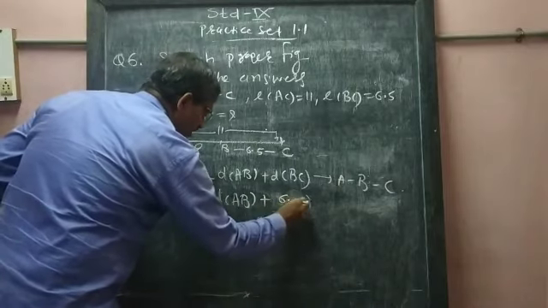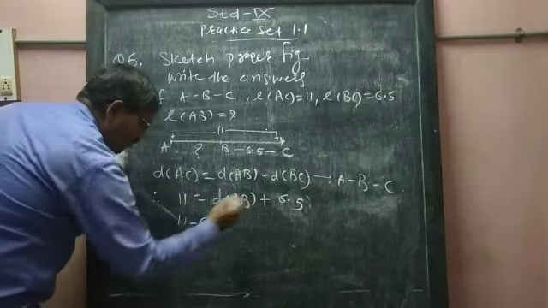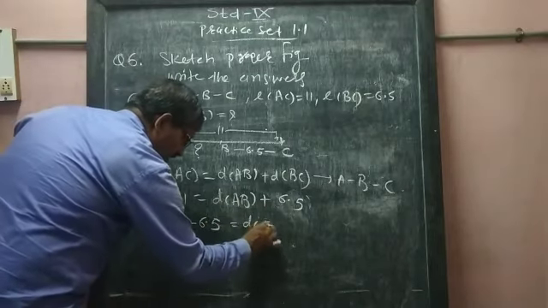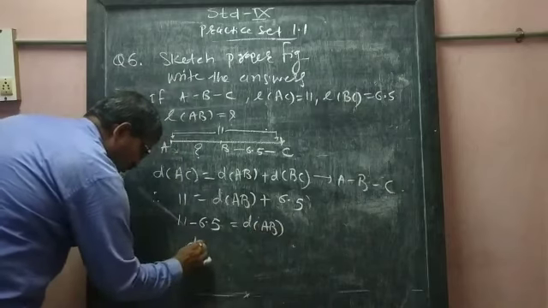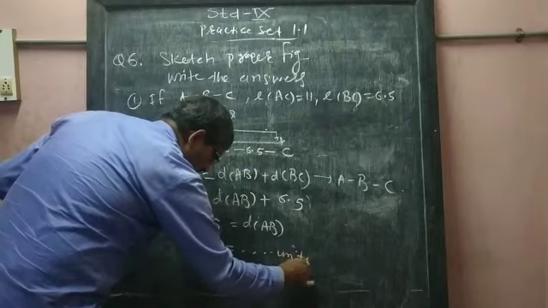Distance BC is given 6.5. That 6.5 will come to the left hand side from the right. You will get distance AB. Do subtraction and write the answer as units.